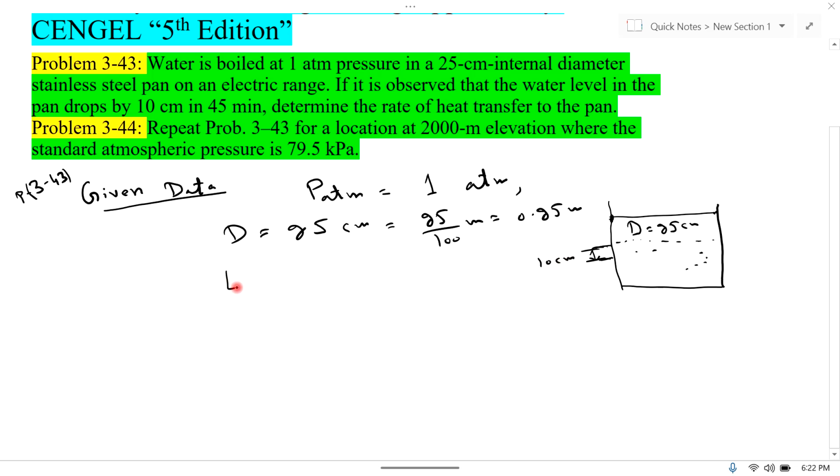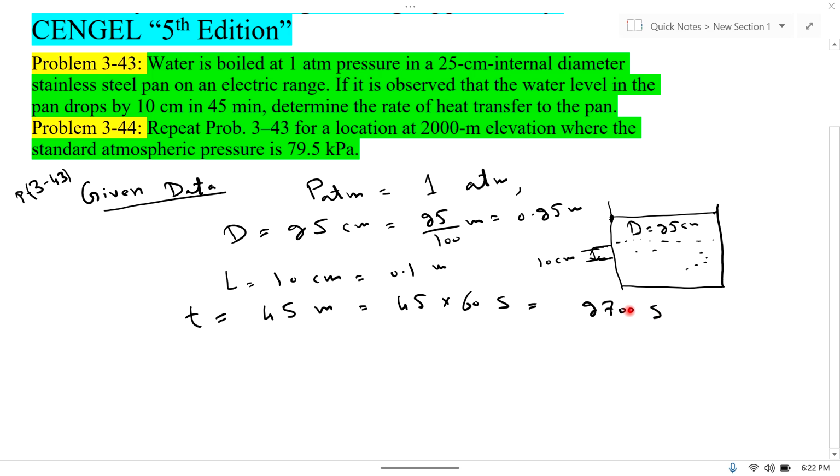So L is equal to 10 centimeter, which is equal to 0.1 meter, 10 divided by 100. And the time in which the level of the water drops is 45 minutes, which is equal to 45 multiplied by 60 seconds, which is equal to 2700 seconds.